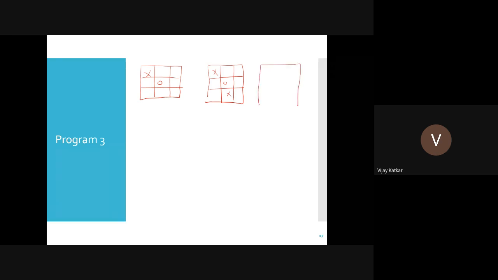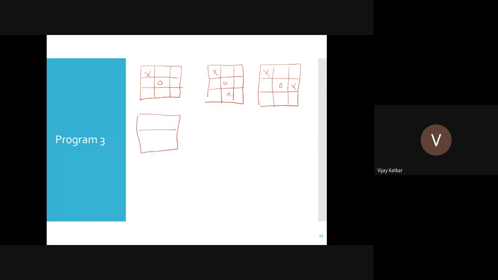Another possibility is, now I'm saying, the possibilities are huge. So he might write X over here. So this is the current position, this is possibility 1, possibility 2 for the next move, and this is possibility 3 for the next move.